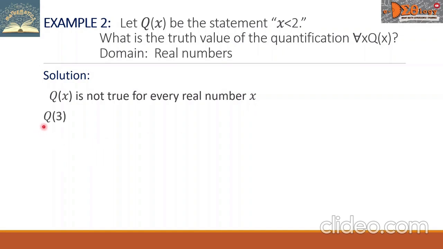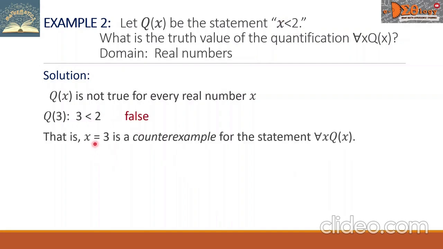So we have q of 3. Substituting the number 3 into that statement, it becomes 3 is less than 2, which is false. That is, when we set x equal to 3, that is a counterexample for the statement for all x, q of x. Thus, for all x, q of x is false.